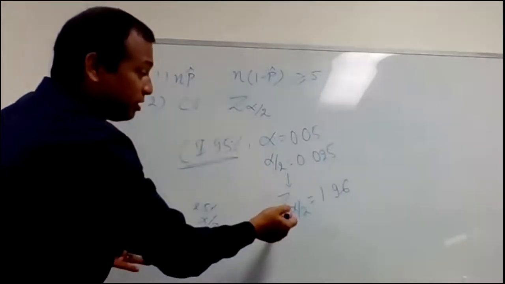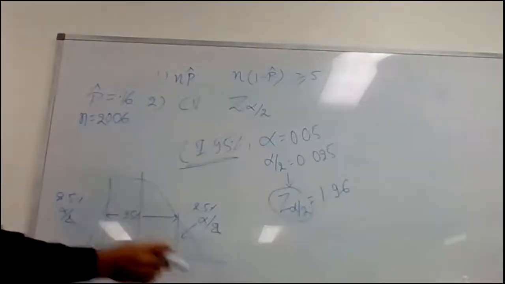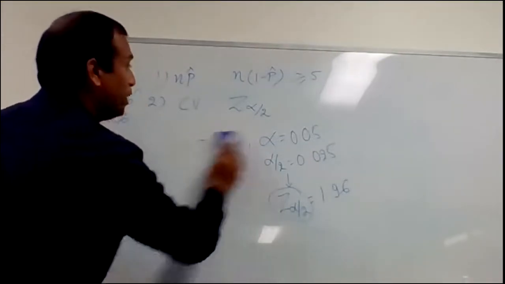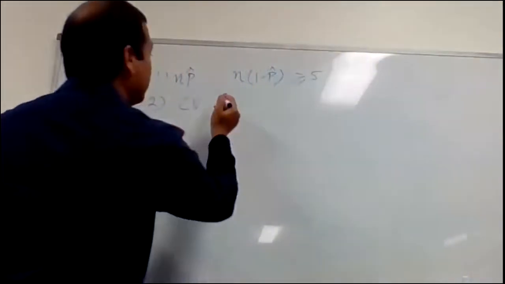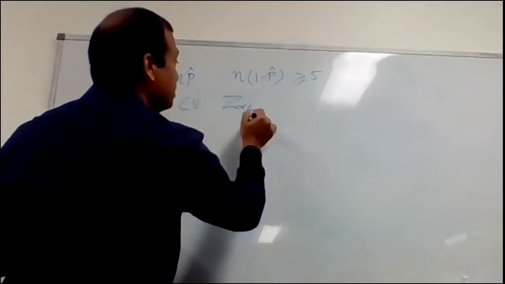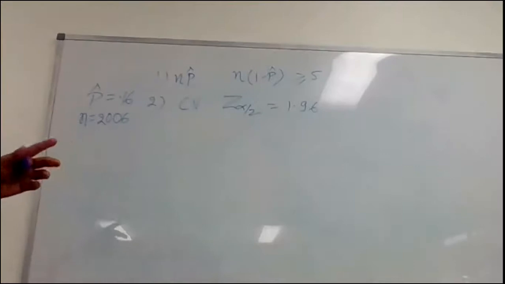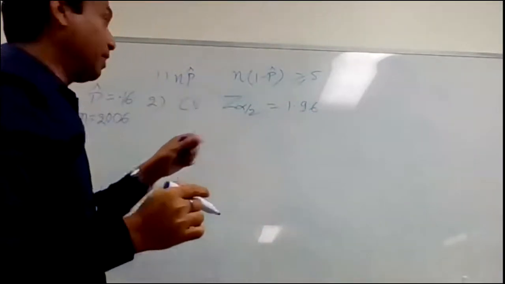So it's a common notation to get the critical value using the z alpha by 2. So for this sum, we got the critical value 1.96. So critical value z alpha by 2 is 1.96. Don't get confused with the minus one. It has to be the positive one, critical value.